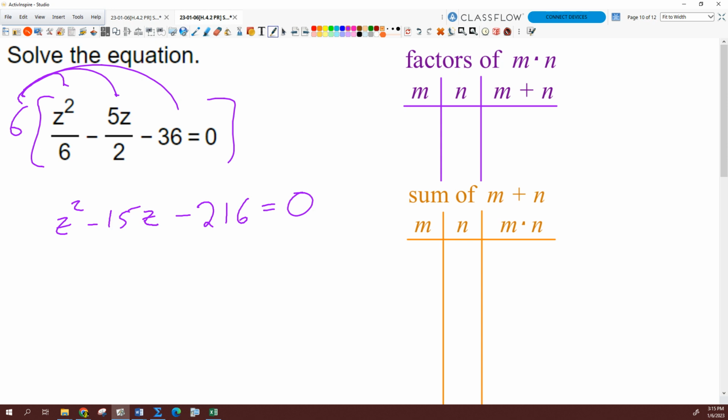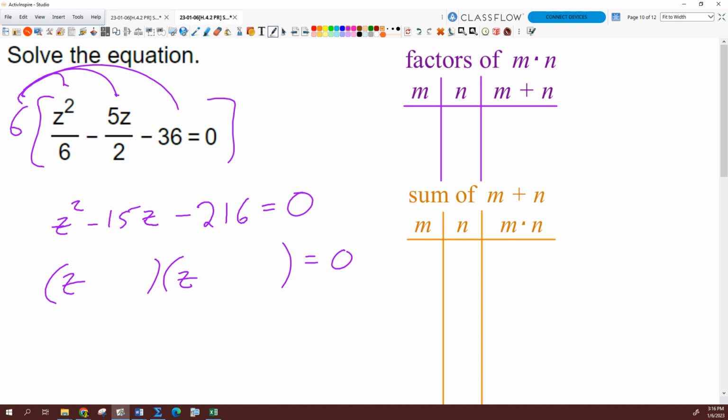Okay, so now we've got to factor this thing, right? Does it factor? So now think about the signs. What are the signs going to be? If it multiplies to negative 216 and adds to negative 15, which is bigger, the negative or the positive?